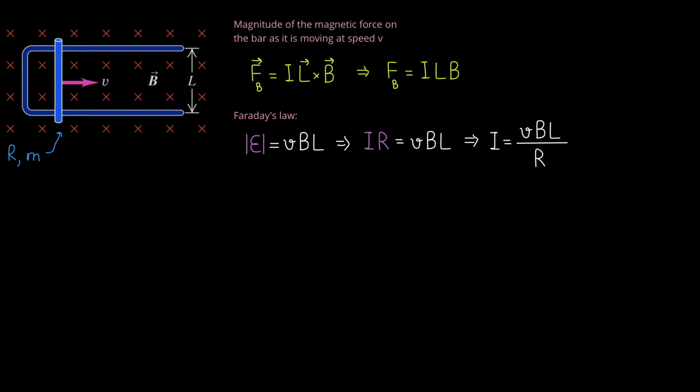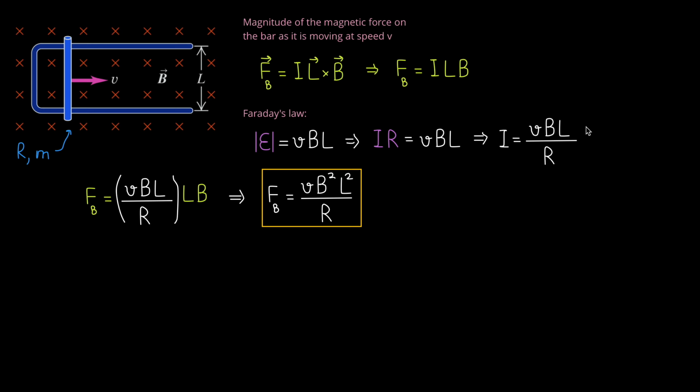Also, in the problem, the resistance of the vertical bar is given, that's capital R. So we can use Ohm's law to substitute I times R for the induced EMF, I being the current in the bar or in the rectangular loop. So we get I times R equals v times B times L. We divide both sides by R, we get I equals vBL divided by R. That's the induced current in the loop, and therefore the induced current in the bar as it's moving to the right at speed v.